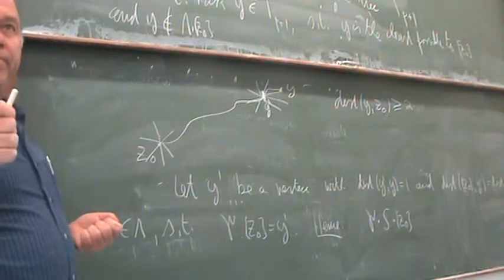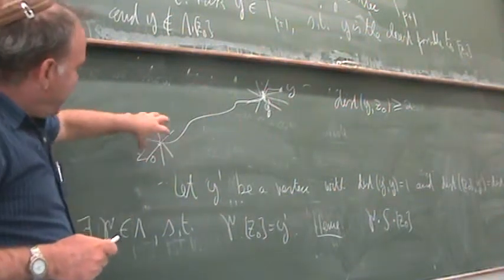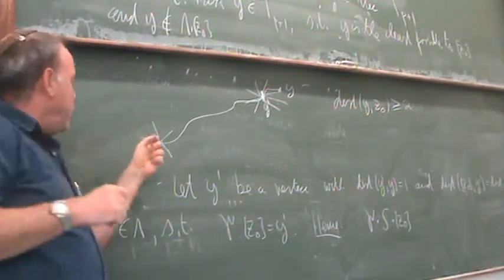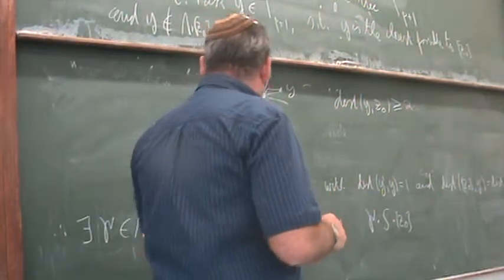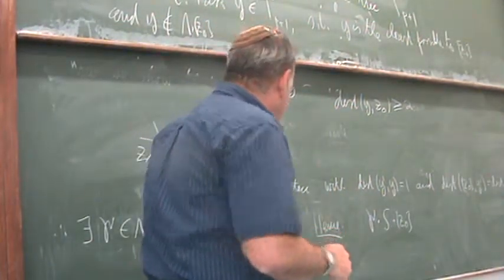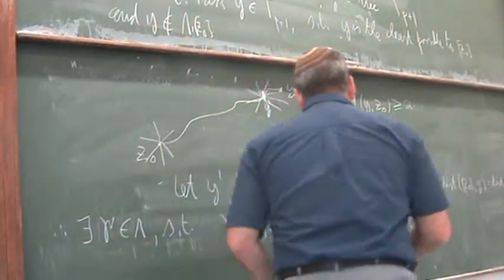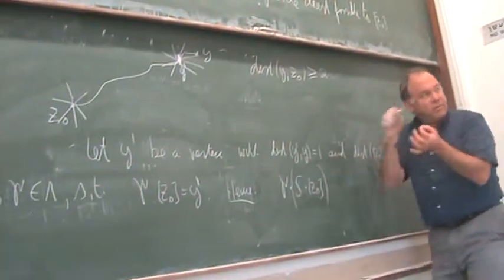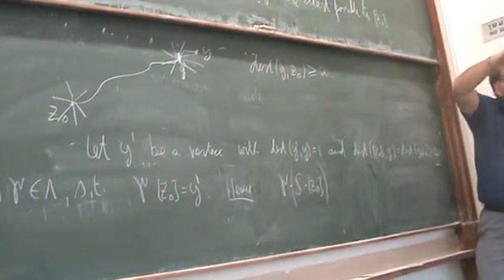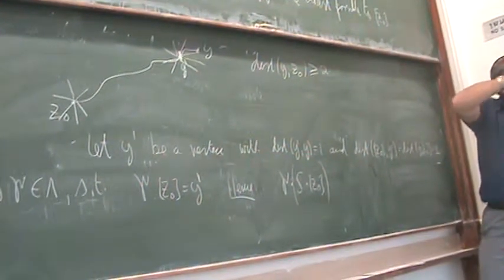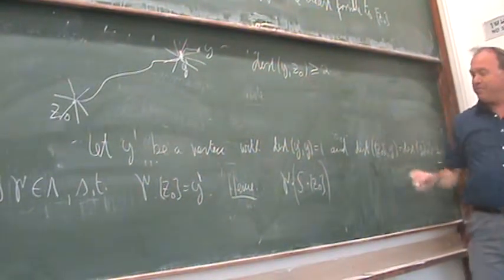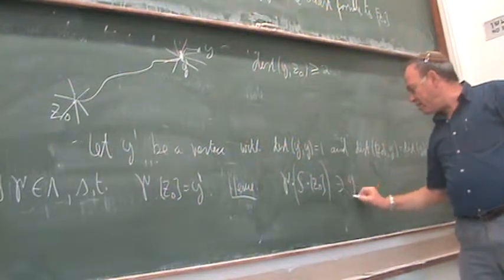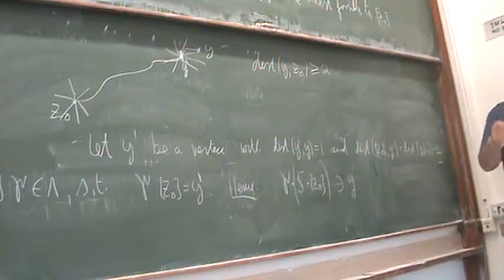Are you all with me? If gamma is taking the point z naught to y prime, then gamma takes the star of z naught, the immediate neighborhood, the sphere around z naught, to the sphere around y prime. And it contains y, because y is of distance 1.